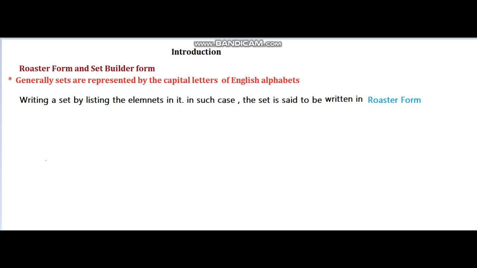Roster form is nothing but writing all elements in the set. Suppose vowels: what capital letter should I take? V. I am taking V as the set name. V equals, open the flower brackets, A comma, E comma, I comma, O comma, U. These are the vowels, right?